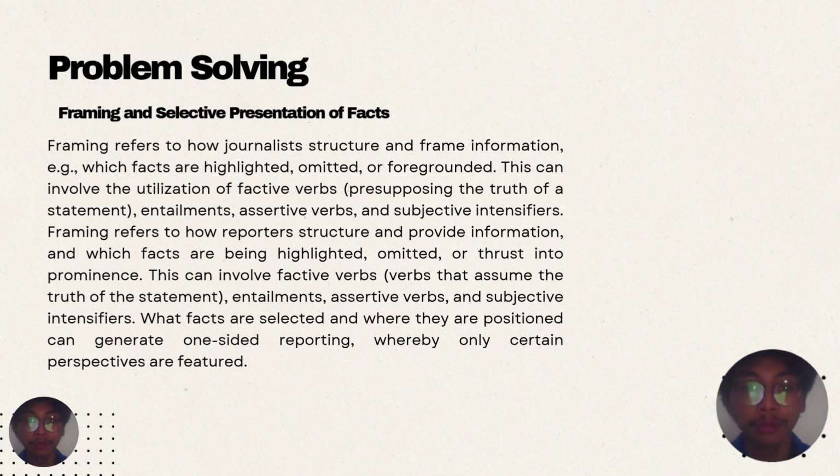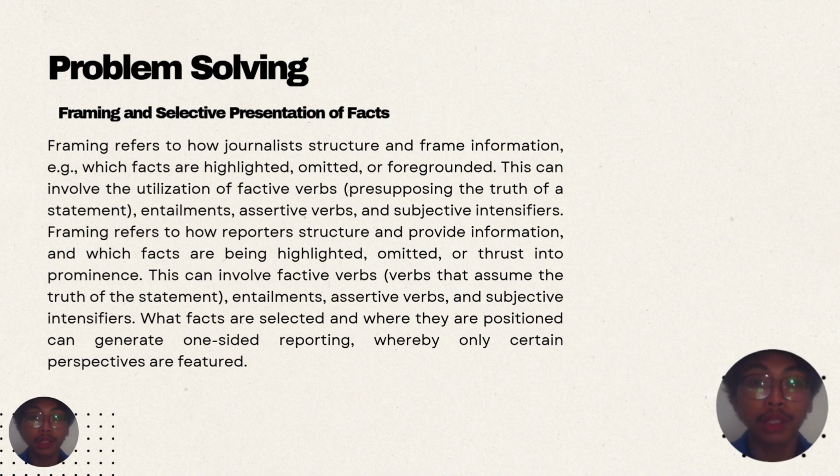So, the second feature that Mr. Thompson should consider is framing and selective presentation of facts. Framing refers to how journalists structure and frame information. For example, which facts are highlighted, omitted, or foregrounded.